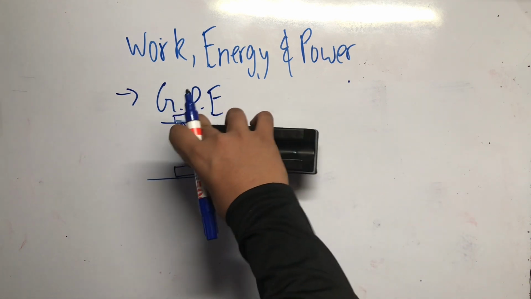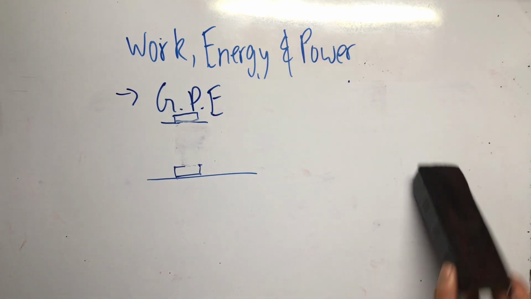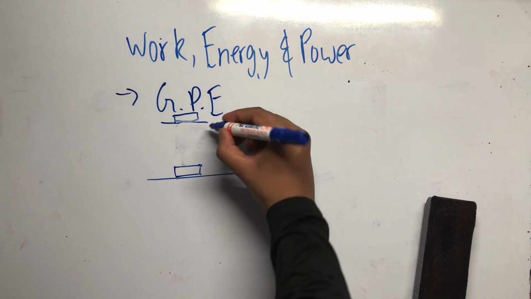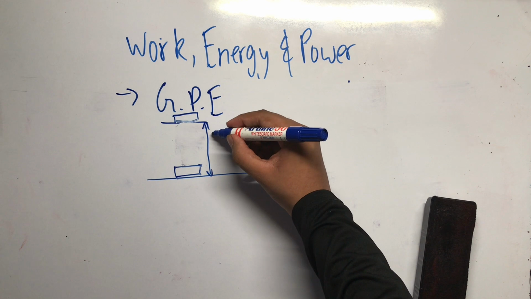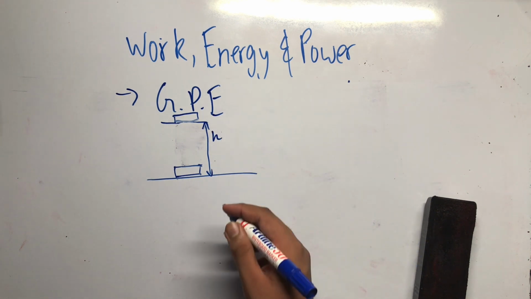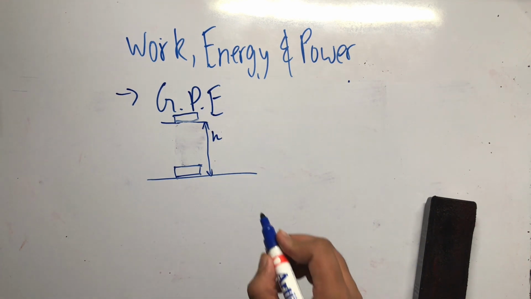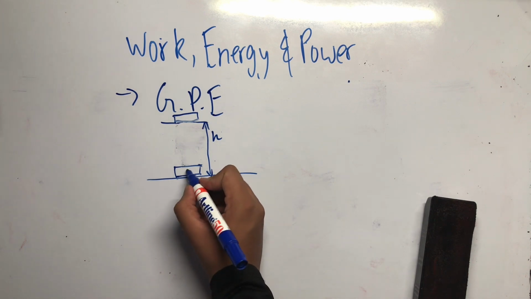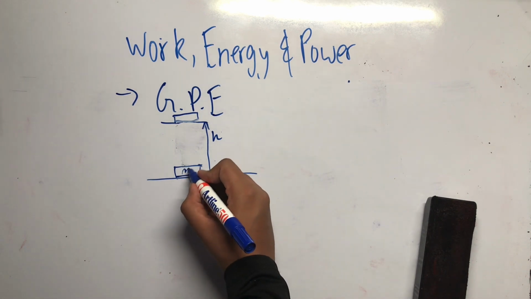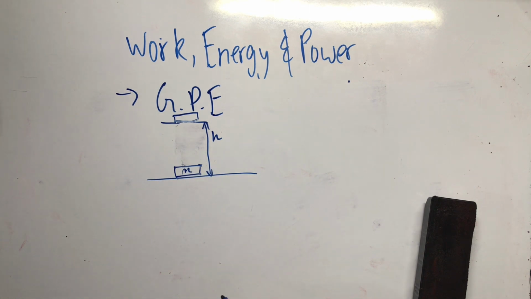This is the total distance. So through this entire distance, which we can take as height, the force against which we are doing the work is equal to the weight of the object. So let's say that the mass of the duster is m.